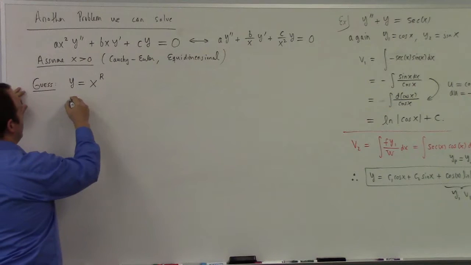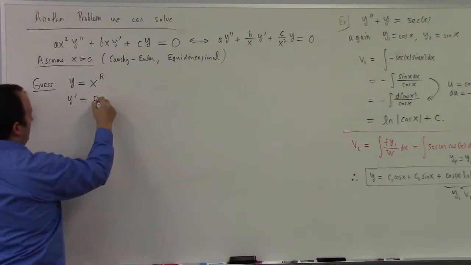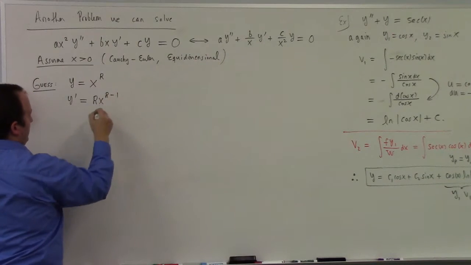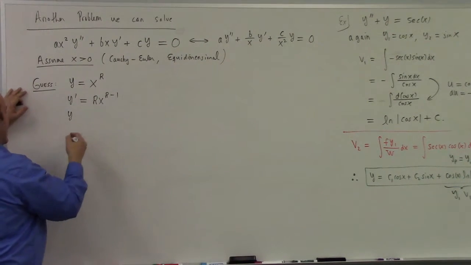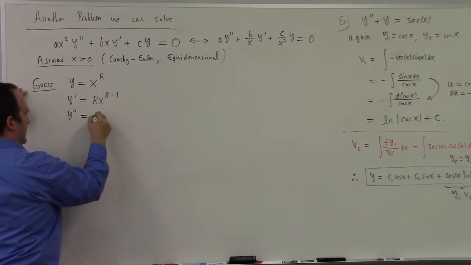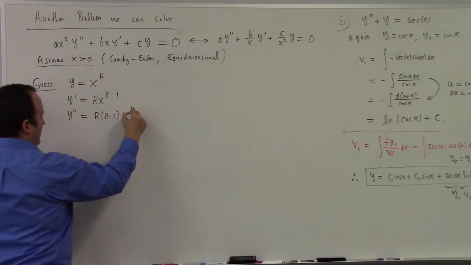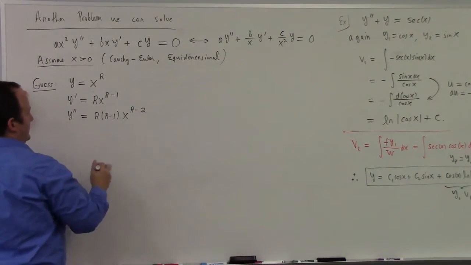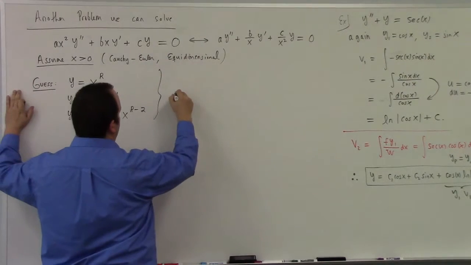What's y prime then? Yeah, r is a constant. Y prime prime, so that's r times r minus 1, x to the r minus 2, right? So you feed these into the differential equation. What does this give us?